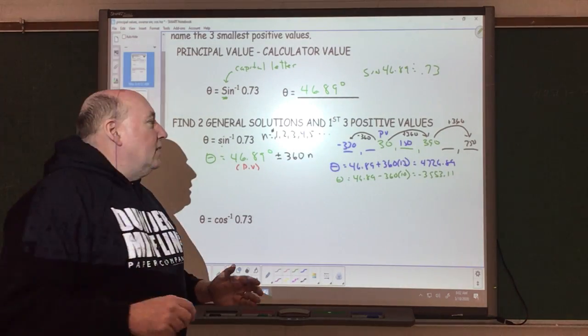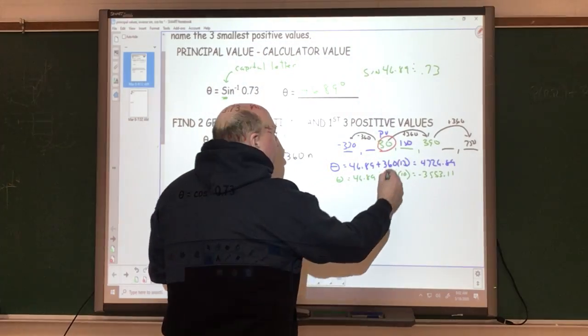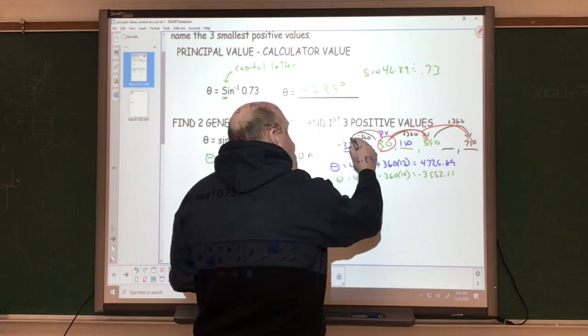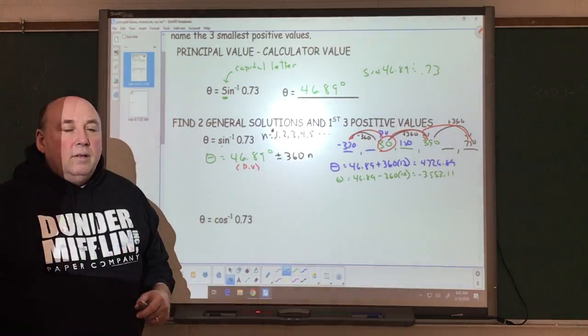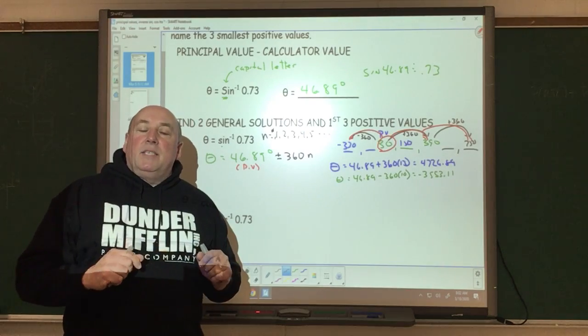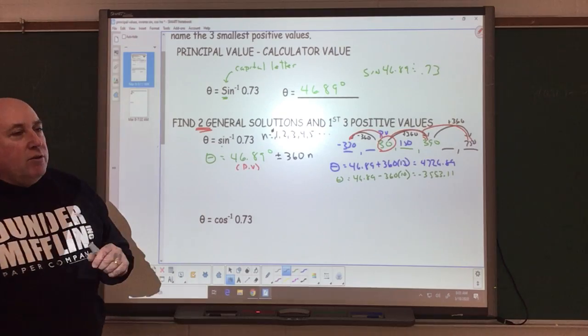Well, what this gives us is, from the principal value, every other value. So I'm only getting half my values here. How do I get my second value? Well, what we need to have is two general solutions.